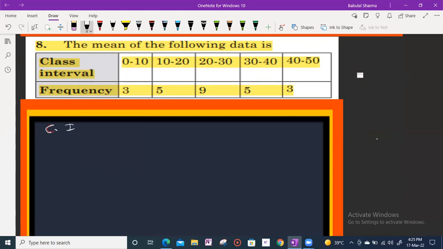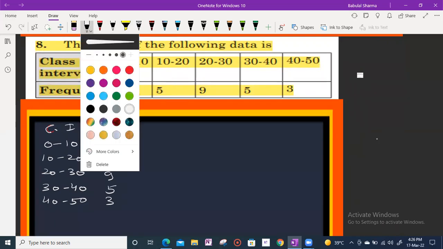That is class interval 0 to 10, 10 to 20, 20 to 30, 30 to 40, 40 to 50. Its frequency is given by 3, then 5, then 9, then 5, then 3. It is given. We have not done anything extra in this.